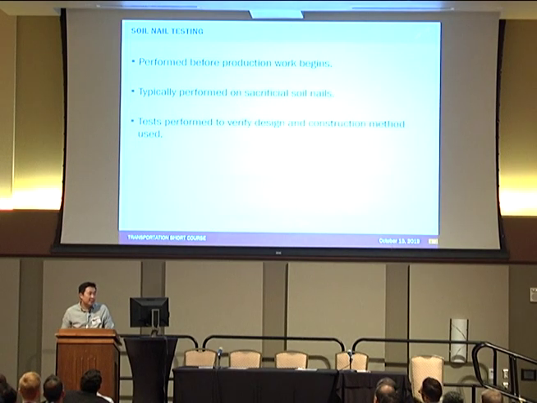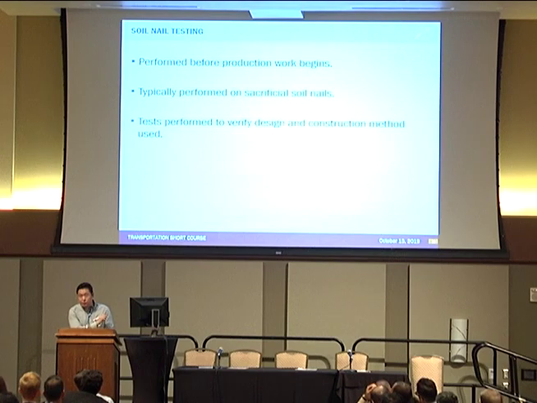And soil nail testing is a very important tool to ensure the quality of the soil nail retaining wall construction. Typically it should be performed before production nail installation. You need to verify the best location, the best soil condition.